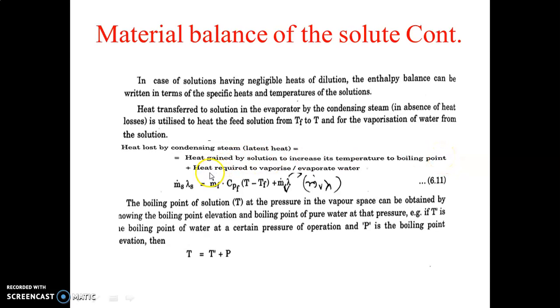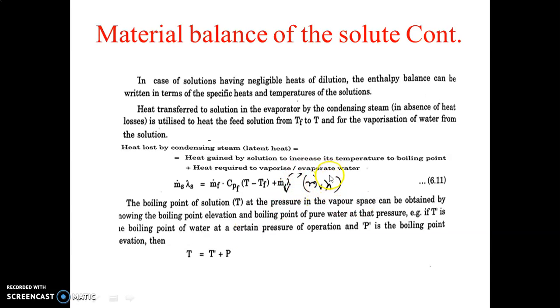Then plus the heat required to vaporize or evaporate the water. It is given by m dot v, which is the kg per hour of water evaporated, multiplied by lambda.